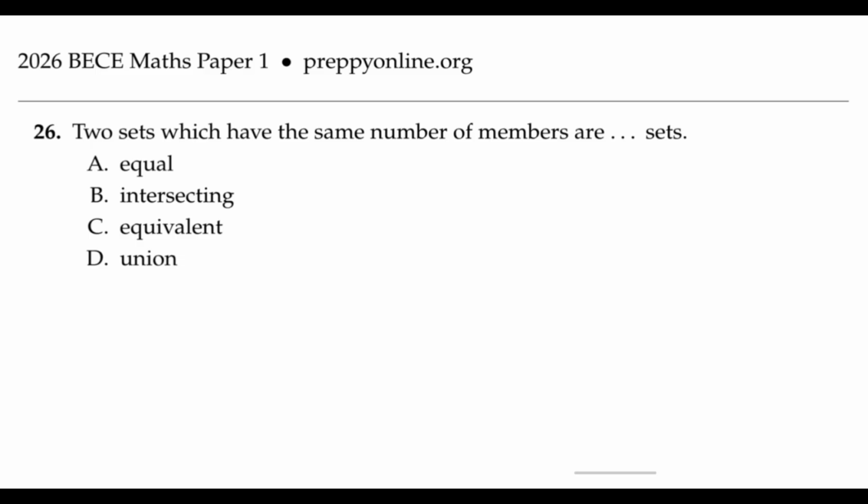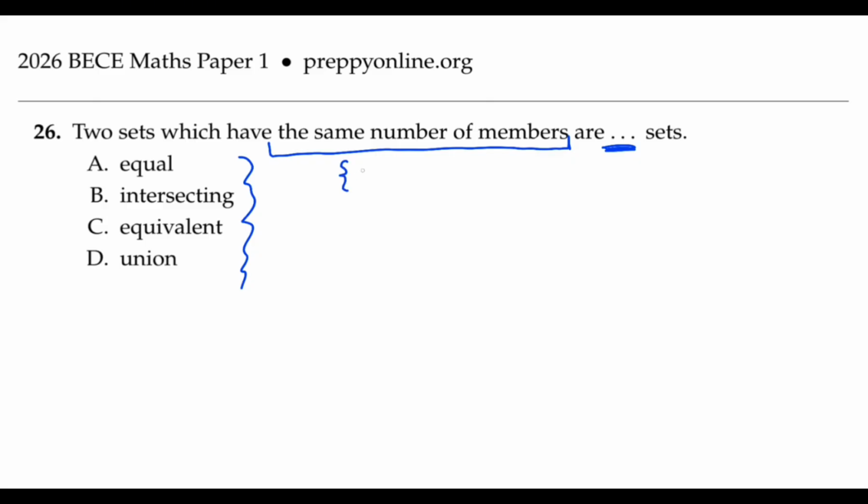Question 26. Two sets which have the same number of members are dash sets. So if two sets have the same number of members, what kind of sets are they? Well, let's go through the options one after the other. When do we say two sets are equal? Two sets are equal if they have the same elements or the same members.